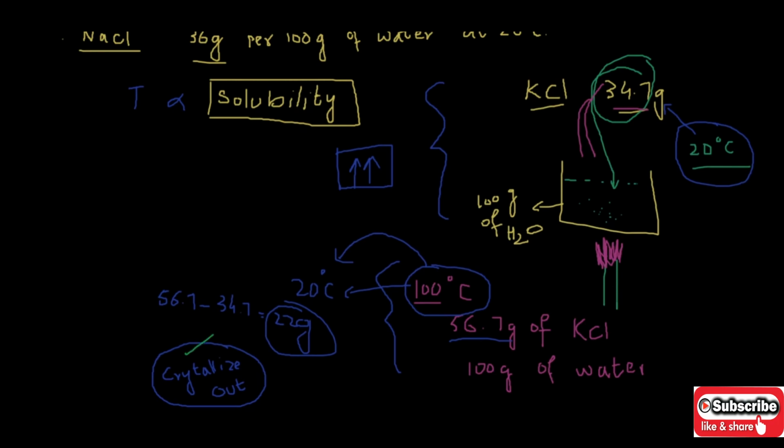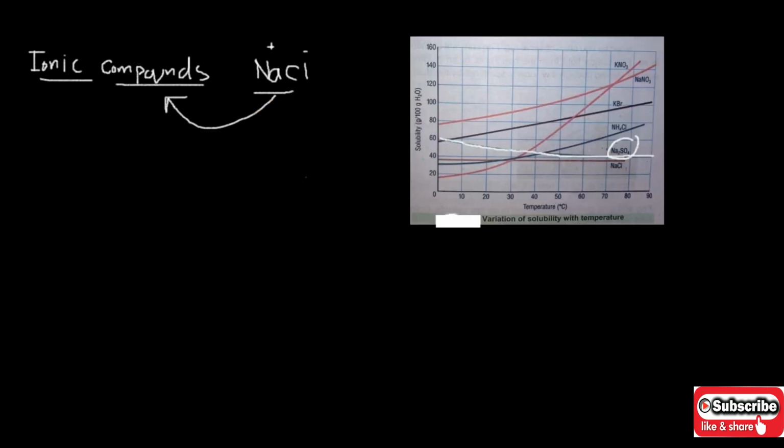So from this we can say that temperature and solubility have a direct relationship. Once you increase the temperature, solubility increases. Once you decrease the temperature, solubility of a substance decreases.